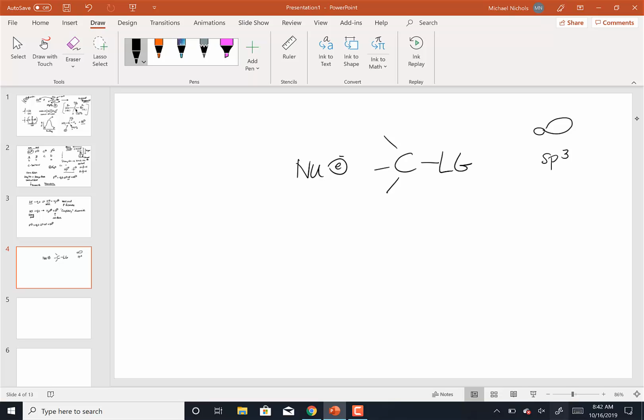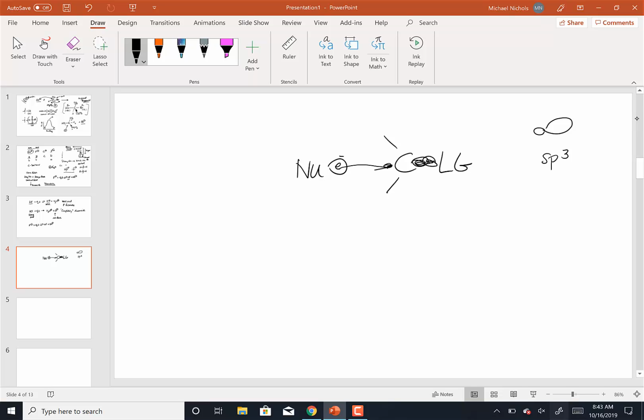We need it. So the way that the carbon leaving group goes is the leaving group's orbital overlaps with the carbon's orbital, but then there's this little teeny tiny orbital on the other side. Now we need that orbital, because how does an SN2 reaction occur? This is the reason why it's backside: the nucleophile's electron cloud is going to come in and overlap with that little teeny tiny orbital of the sp3 hybridized carbon.